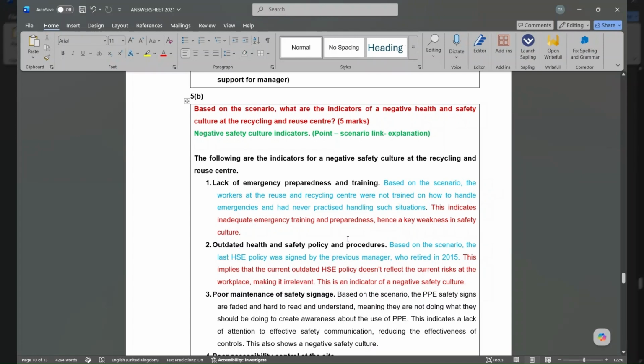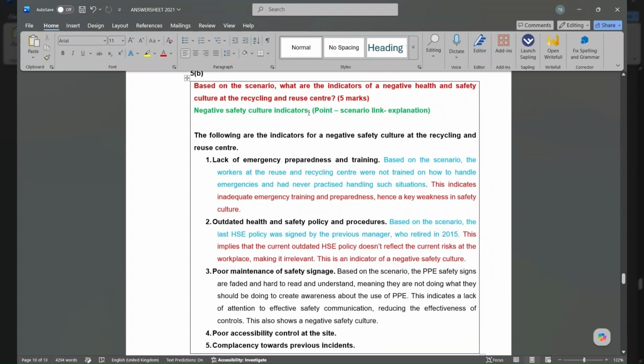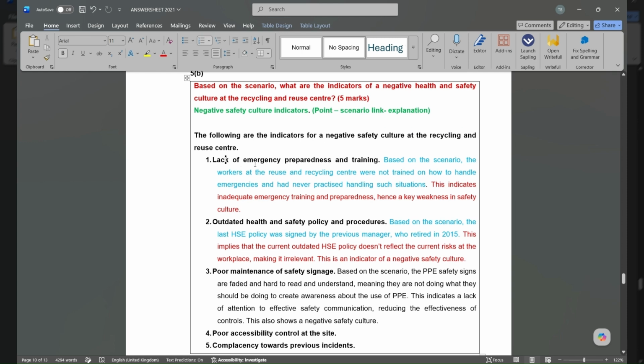To answer the question on negative safety culture indicators, we use the golden NEBOSH answering technique: the point, scenario link, and explanation. So, my introduction, of course, as usual: the following are the indicators for a negative safety culture at the recycling and reuse center. Number 1, lack of emergency preparedness and training.